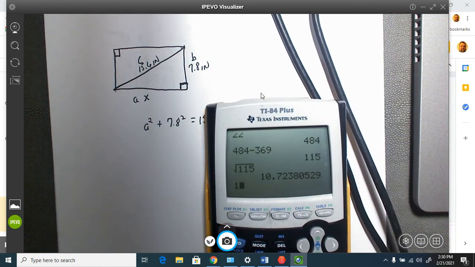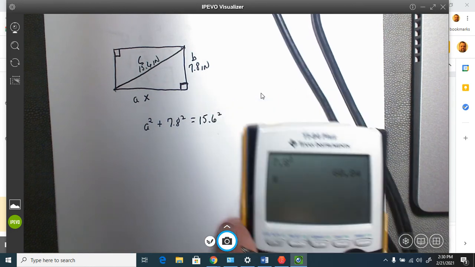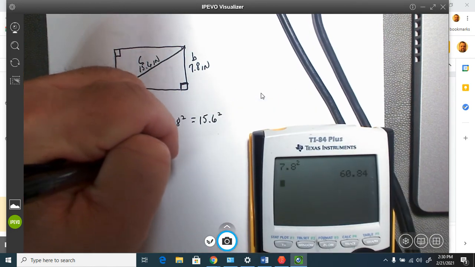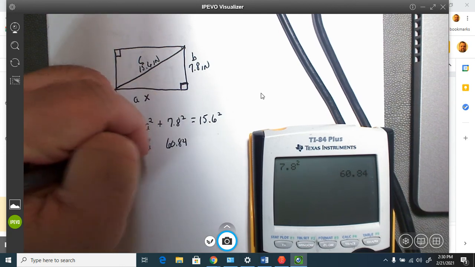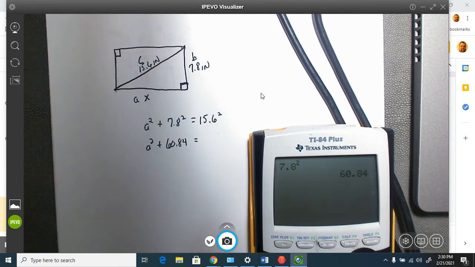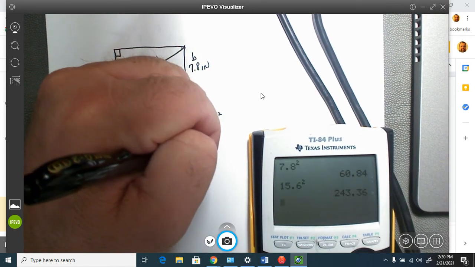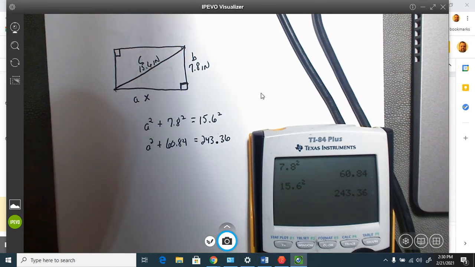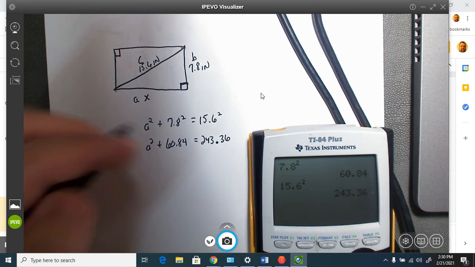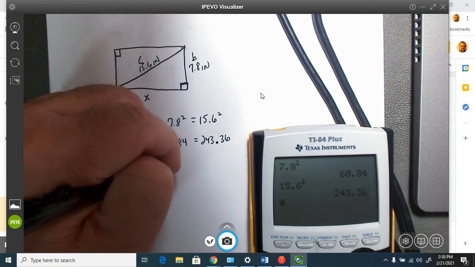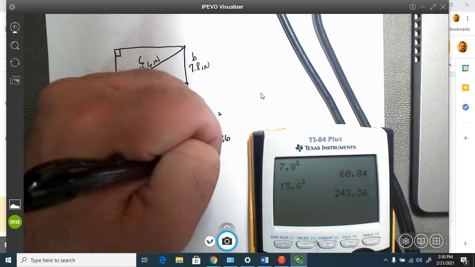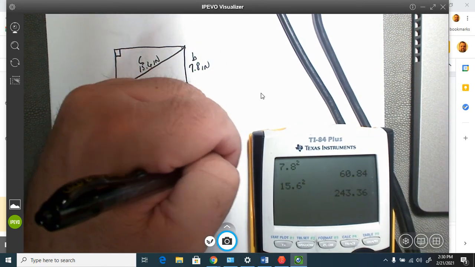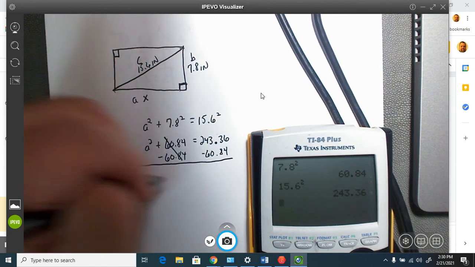So 7.8 squared is 60.84. And then 15.6 squared is 243.36. So then I'm going to subtract 60.84 from both sides. That cancels out.